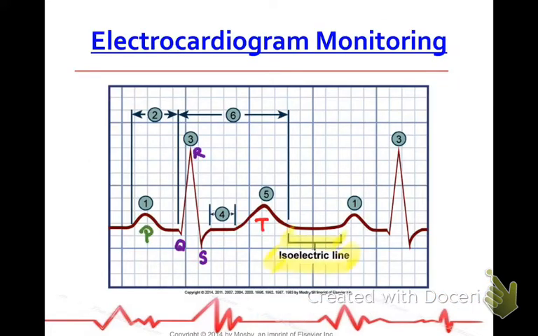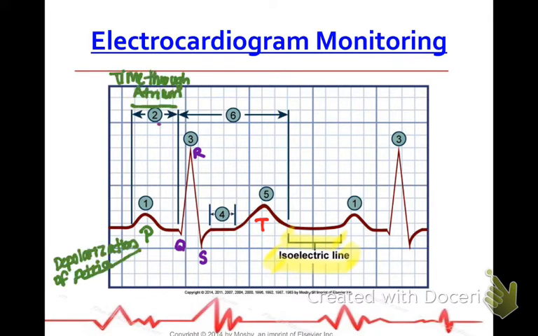All right, so let's look at it a little closer. We've got our P, our QRS, and our T. And then I highlighted that isoelectric line. That's the line where everything should come to, kind of your baseline.